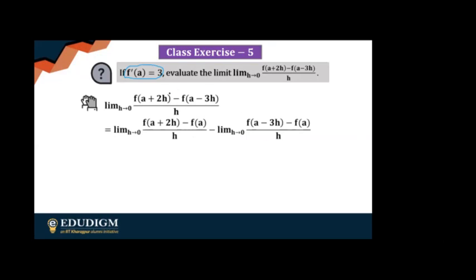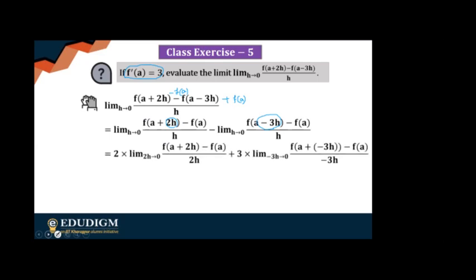What we have done here is, suppose I'm taking this minus f(a), and plus f(a), and then just separate things out with algebra of limits. Very simple. I hope this is okay with all of you. So this is the first thing we have done. Now see, this is kind of looking like this f dash a, etc. But this is 2h. This is minus 3h, okay? So what we do is, we just adjust, okay?